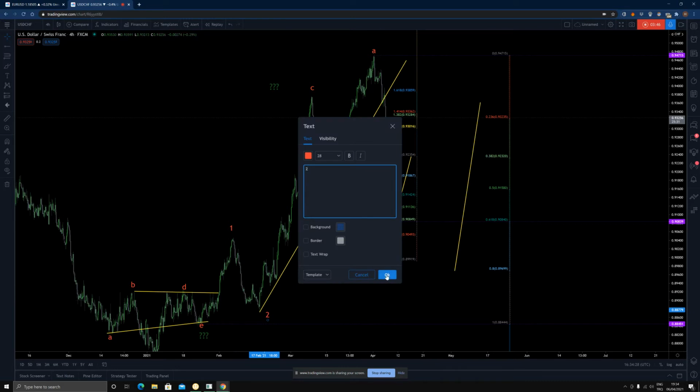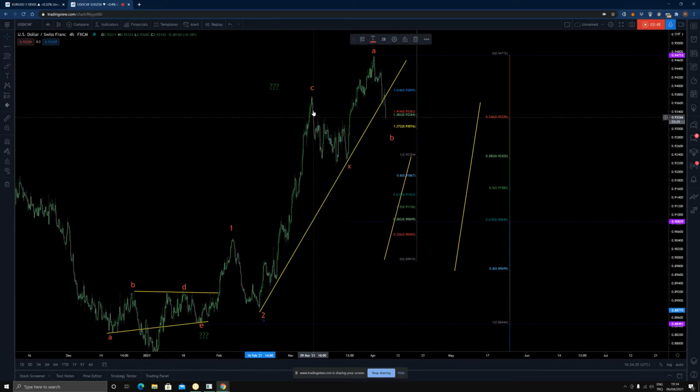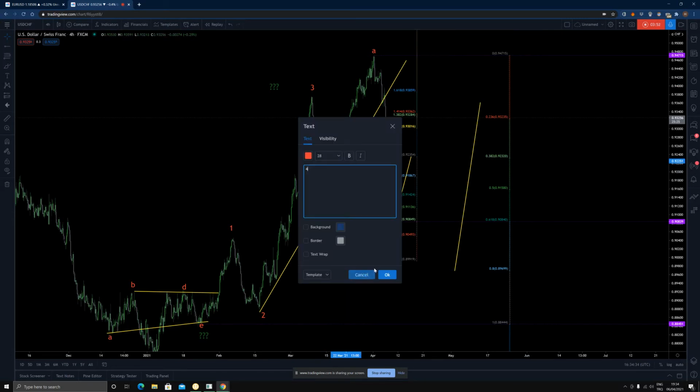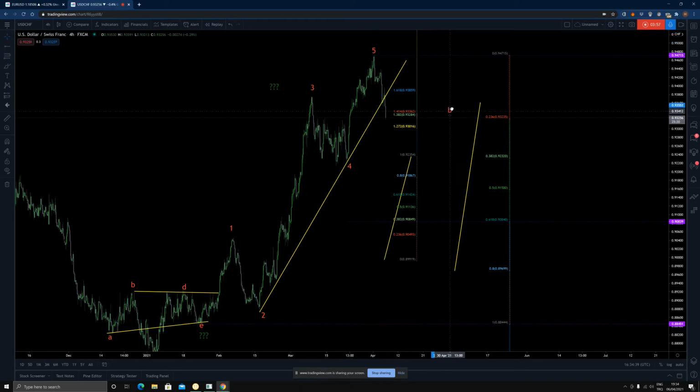So we have 1, 2, okay, it's the third wave, it's the fourth wave, and it is the fifth wave. Now, if in this situation you are thinking that you're in an impulsive wave, okay, that's fine.